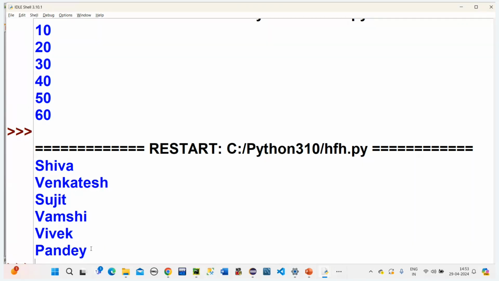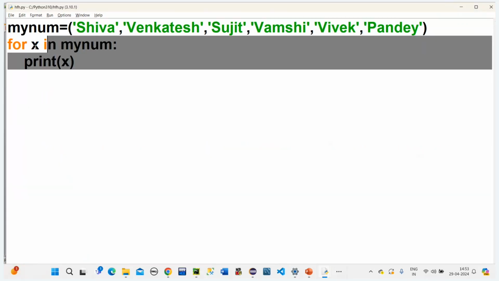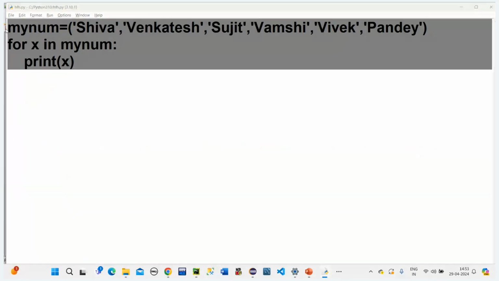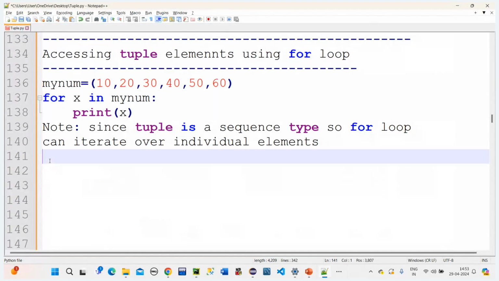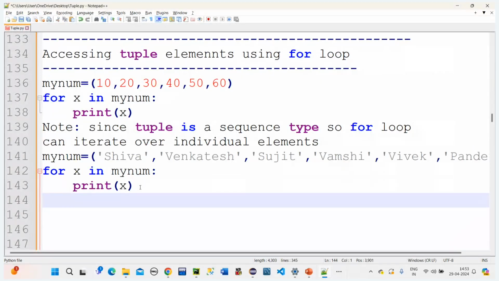So this is how it happened with the help of this for loop. This is just an example. Instead of numbers, I have done it with string words.